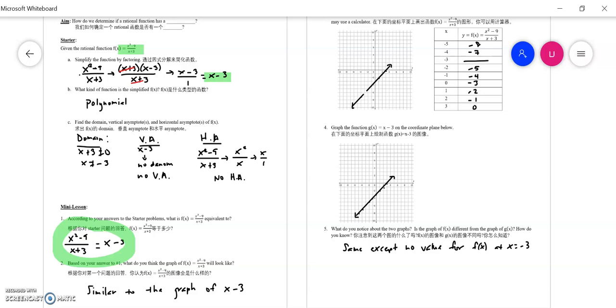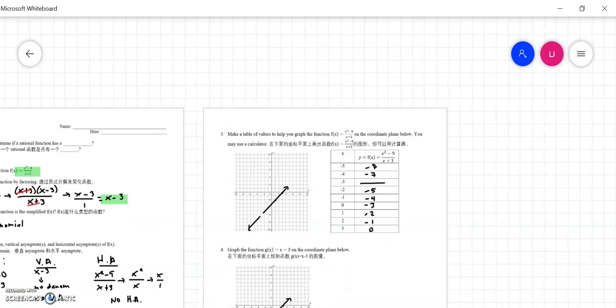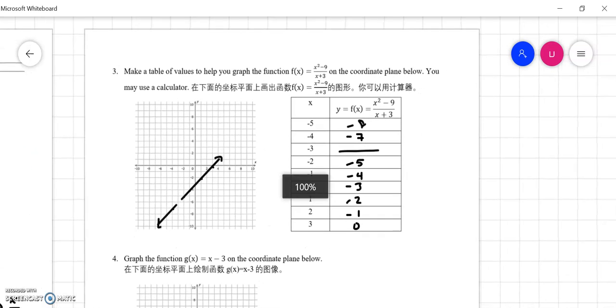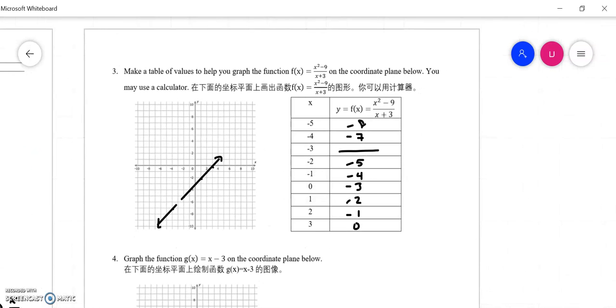If you used your table of values, you will notice that the rational function doesn't actually have a value at x equals -3. Why doesn't it have a value? Well, let's take a look. Let's try subbing in x equals -3. So then we'll have -3 squared minus 9 over -3 plus 3.